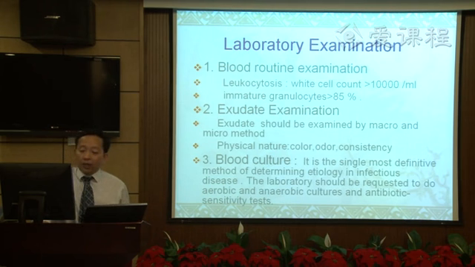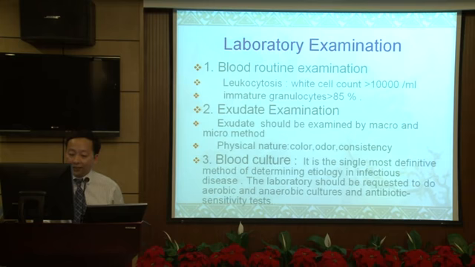The exudate from the wound site should be examined by macro and micro methods, and the physical nature of the exudate should be examined carefully: the color, the odor, and the consistency.